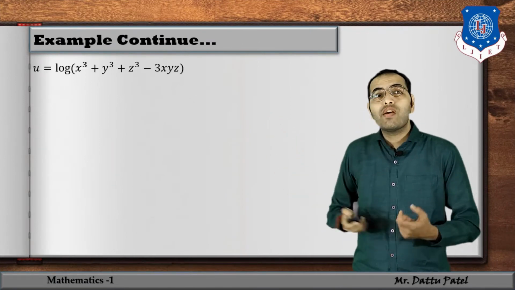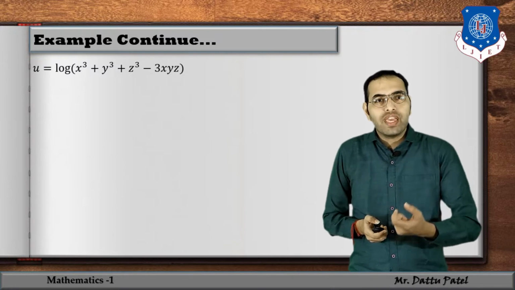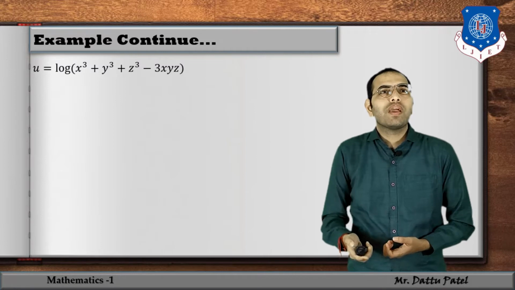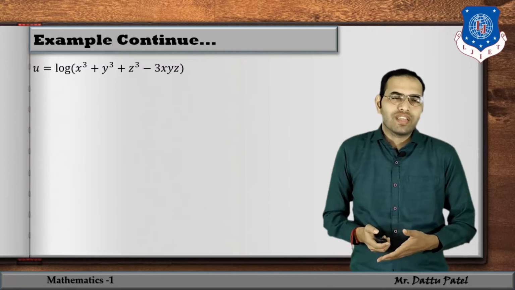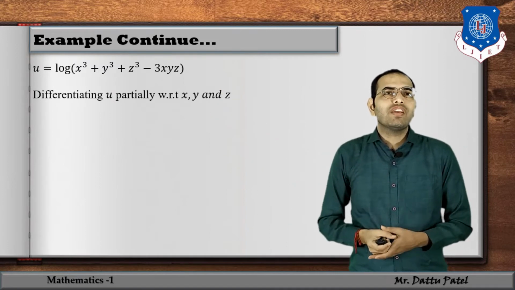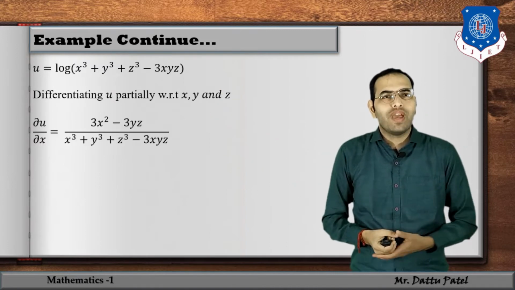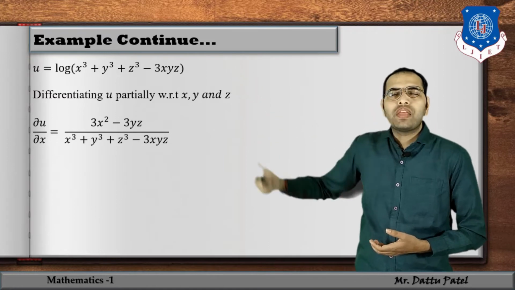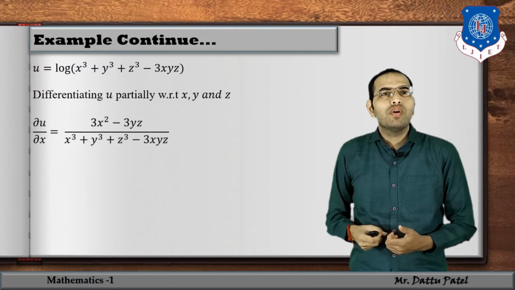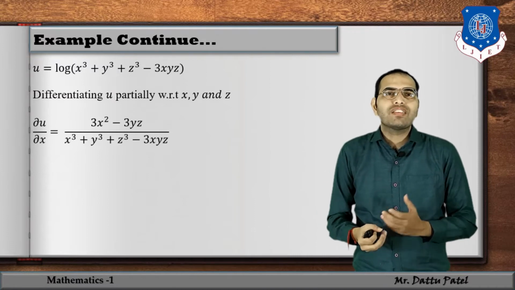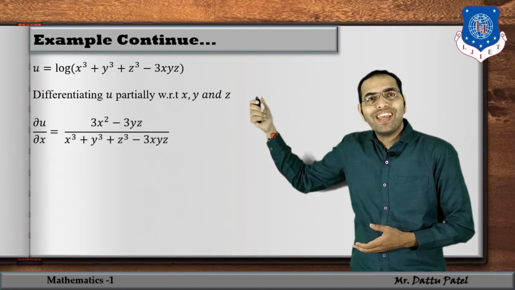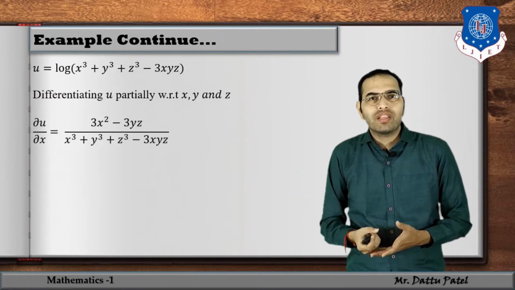Firstly we have to find v, that means the partial derivative of u with respect to x, y and z. Here del u by del x means the partial derivative of u with respect to x. The function is in the form of log, so obviously the derivative of log x is 1 upon x, so it becomes 1 upon (x cube plus y cube plus z cube minus 3xyz) into d by dx of (x cube plus y cube plus z cube minus 3xyz).